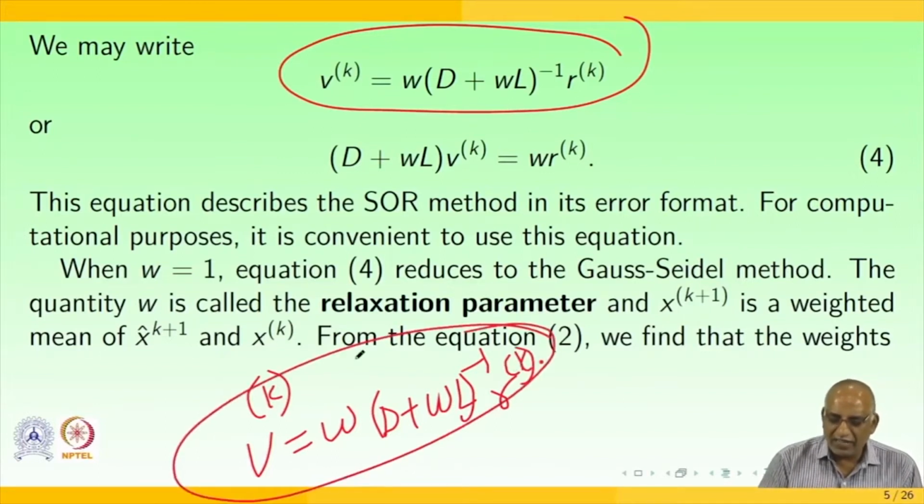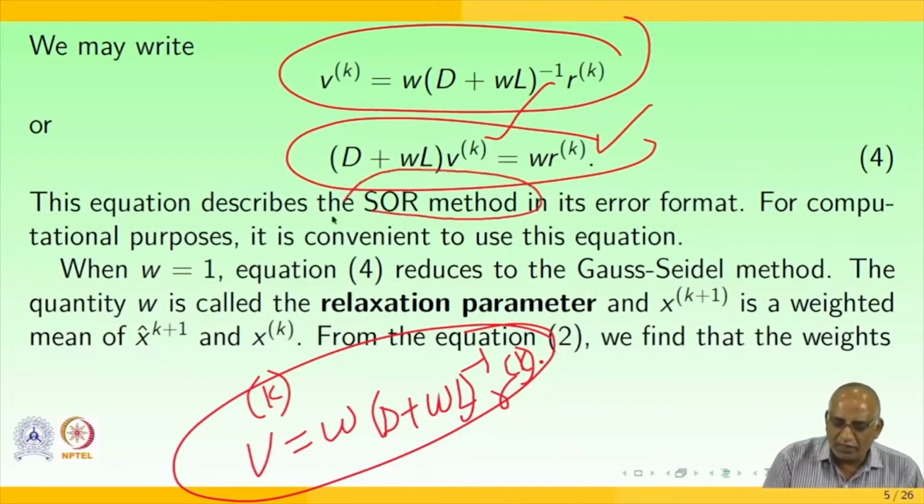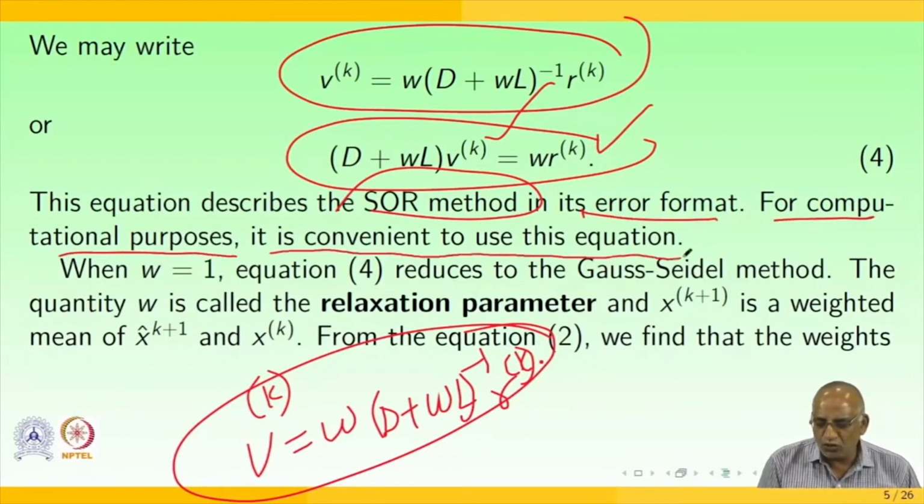So this can be written as D plus w of L multiplied with v of k is equal to w of r k. This equation describes the SOR method, that is the successive over relaxation method, in its error format. For computational purposes, it is convenient to use this equation.